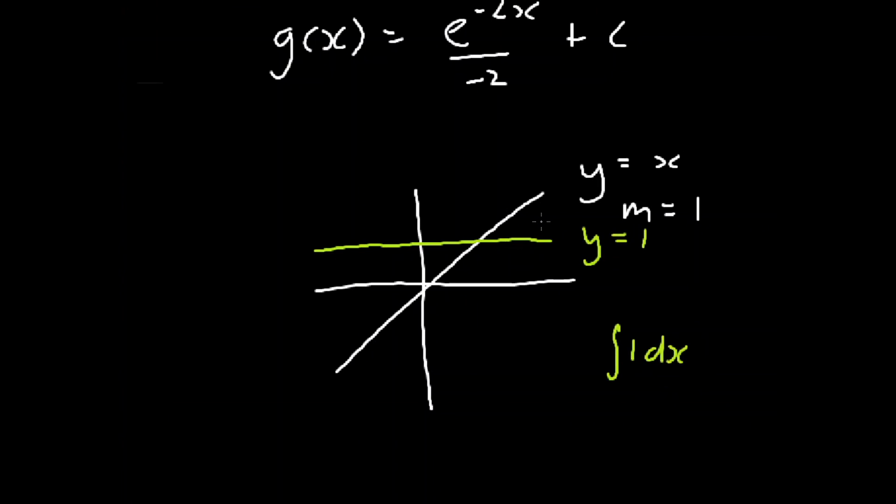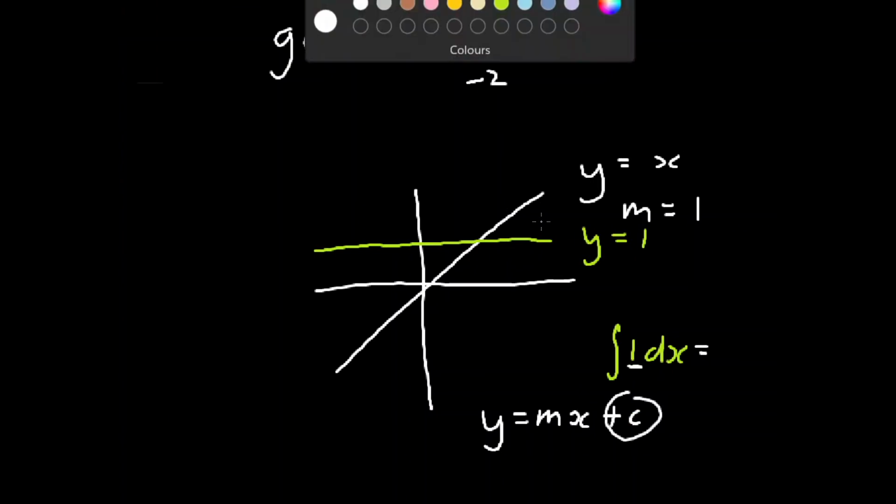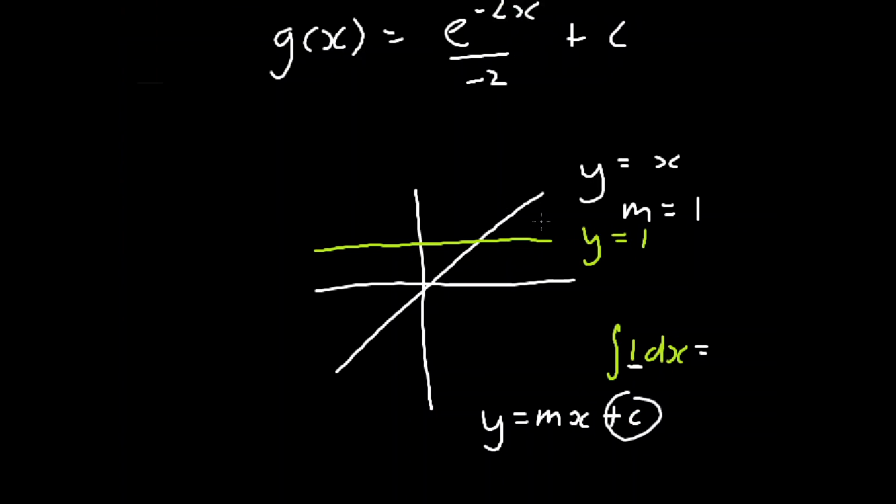I know that the slope is equal to 1, but for any equation of a line, y is equal to mx plus c, this tells me that my value of m is equal to 1, but it doesn't tell me what the plus c is equal to. So it could give me this line here, or this line here. There are infinite possibilities. That's why we get the plus c.